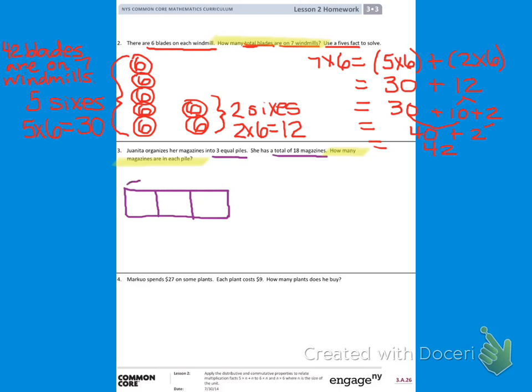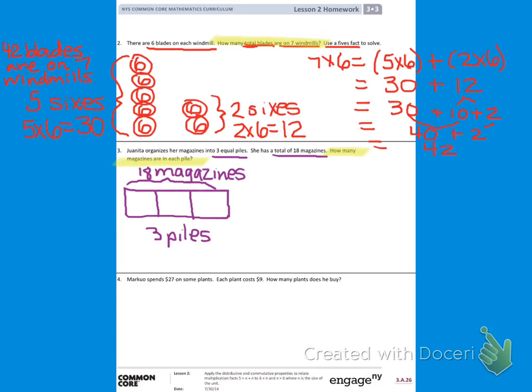I will label my tape diagram on the top to show that there are 18 magazines. That reminds me that the total amount of magazines in all is 18. Underneath, I will label it 3 piles, so my teacher knows why I divided my tape diagram that way.